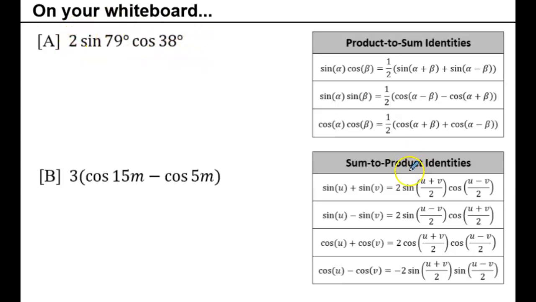So if we want to take 2 sine of 79 degrees, cosine of 38 degrees, and rewrite that as a sum, then we're going to use our identity that takes the product of sine and cosine and changes it into a sum.